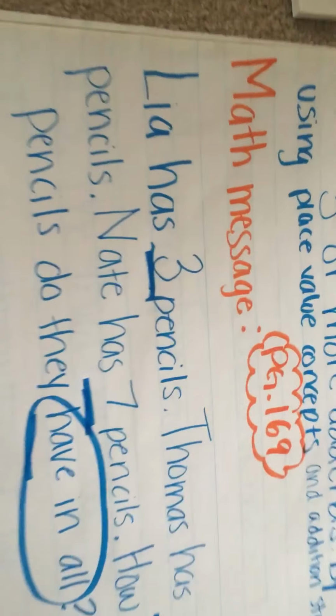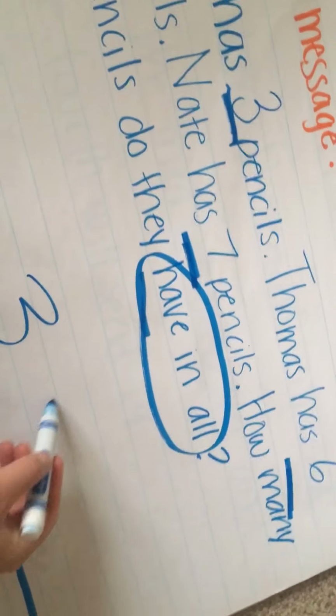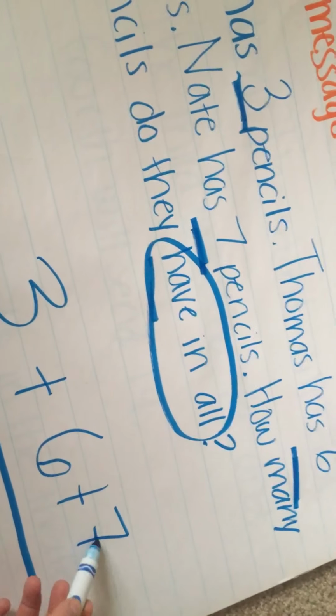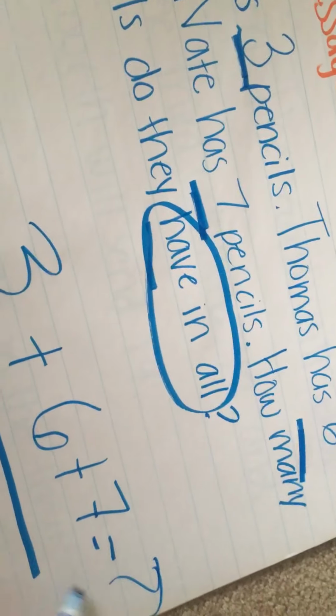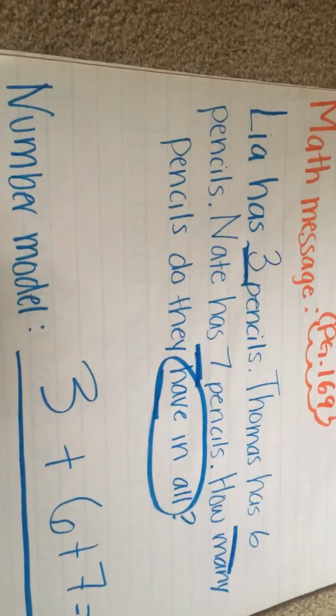All right, and your number model should look something like this. 3 plus 6 plus 7 equals, and then I'll let you figure out your answer. You can have an adult at home check it out for you, okay?